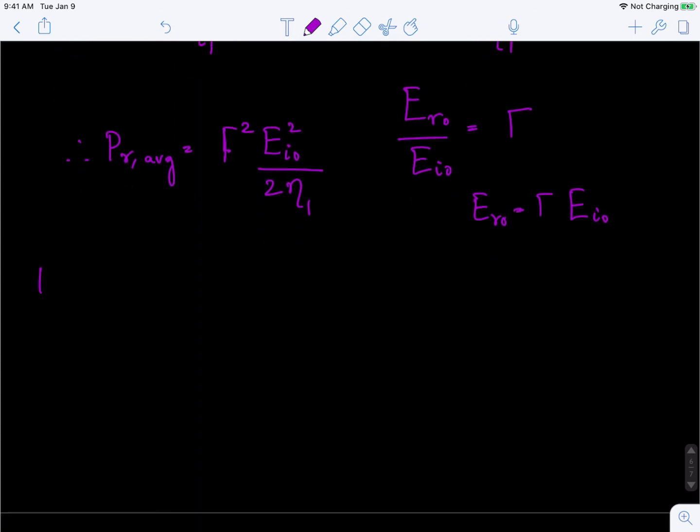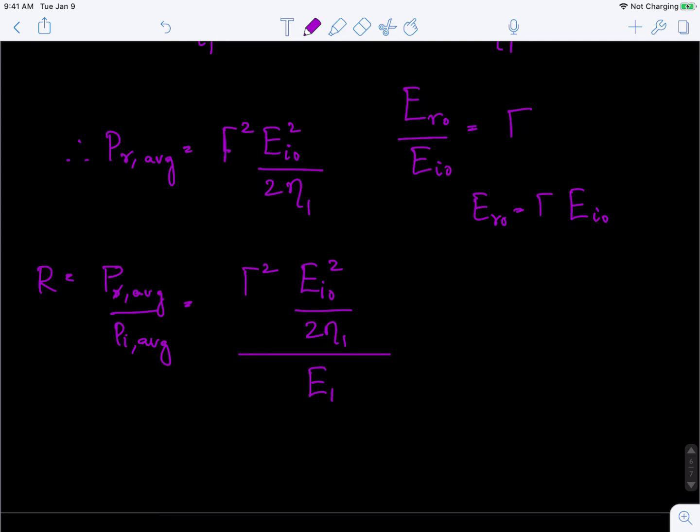So R is P reflected average divided by P incident average, which is gamma square E incident square divided by 2 eta 1, divided by E incident square divided by 2 eta 1. Everything cancels out and we are left with gamma square. So R is equal to gamma square.